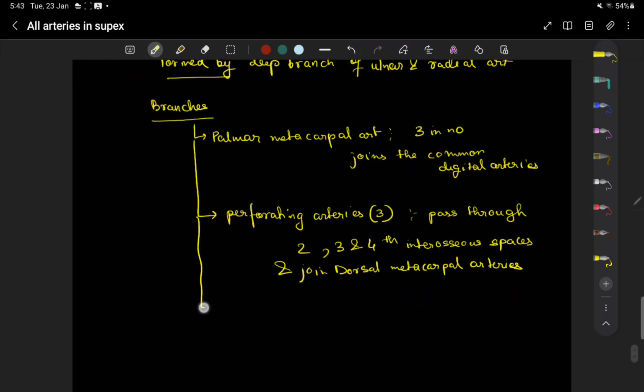And last are the recurrent branches. Recurrent branches end up joining the palmar carpal arch.